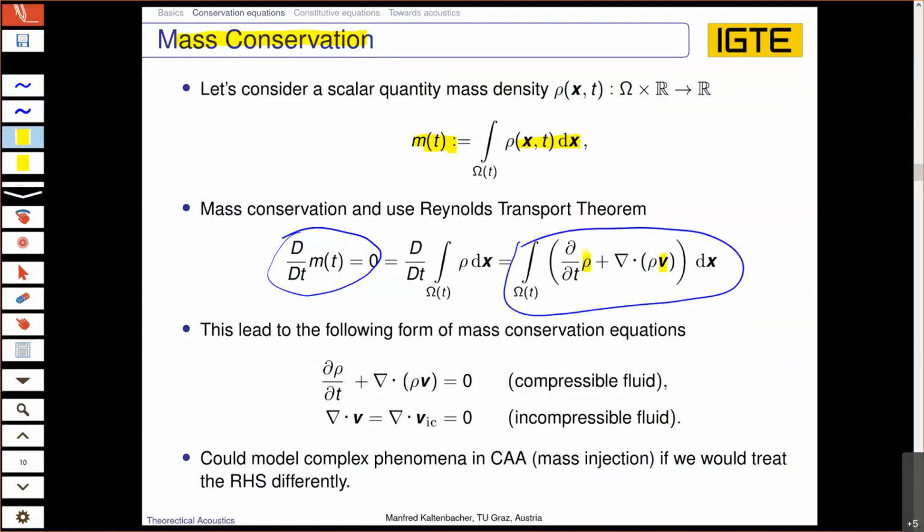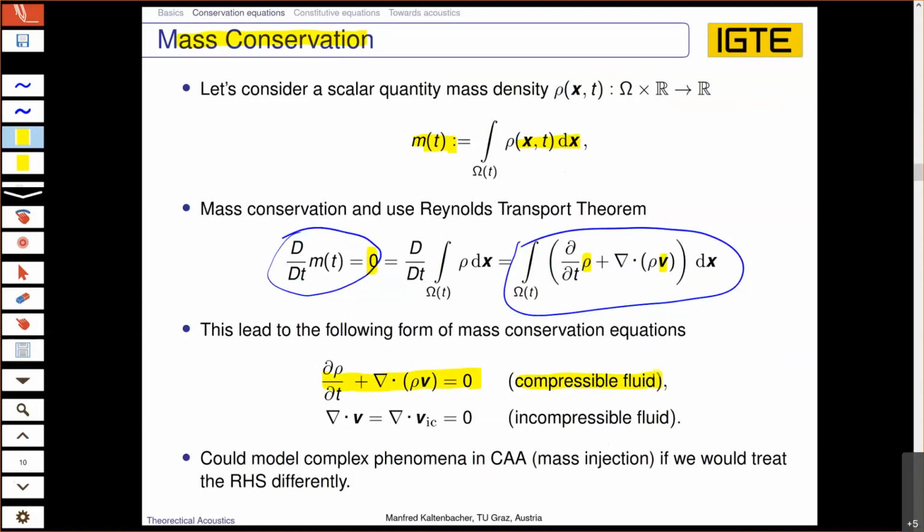And since this has to be zero, we also can neglect the integral and get the local relations, which are the partial differential equation. And here we already have this important model assumption. This is our general case, and we call it the totally correct description of a fluid, which is compressible.